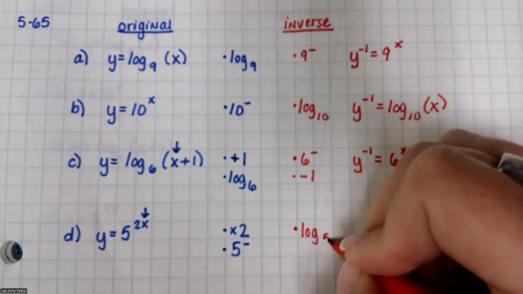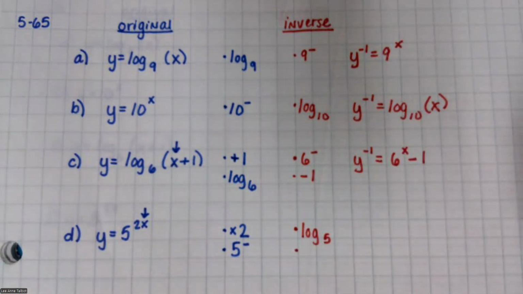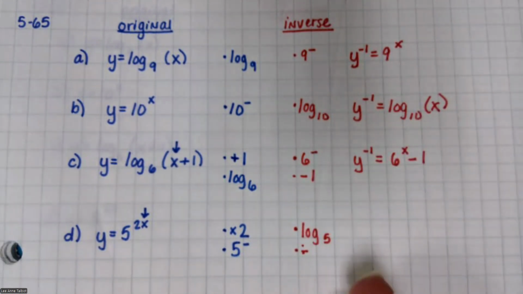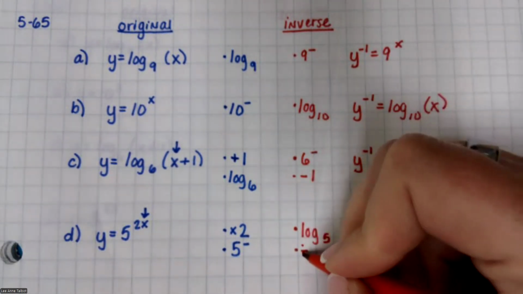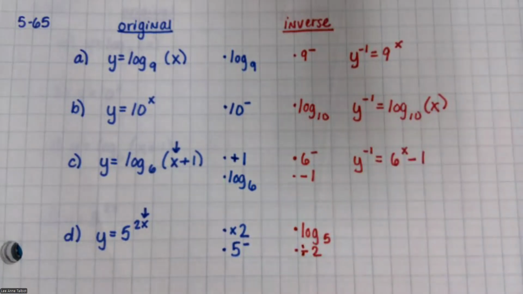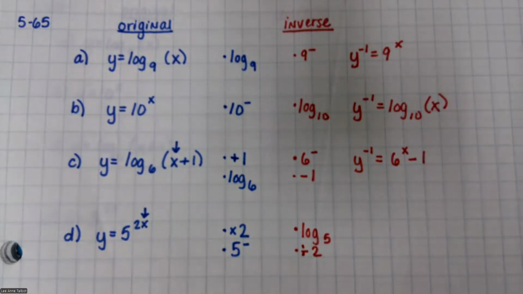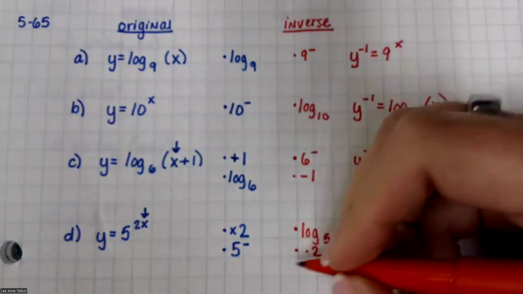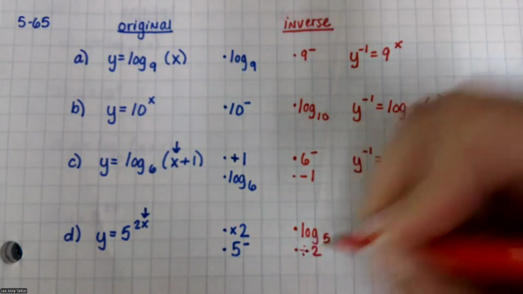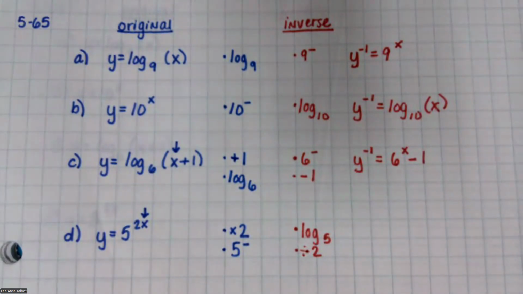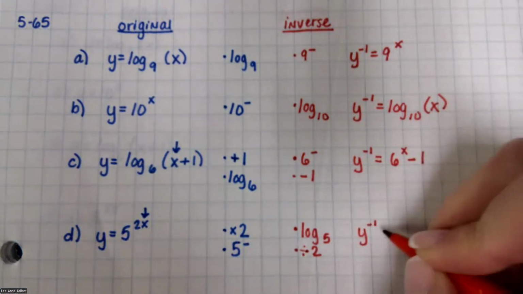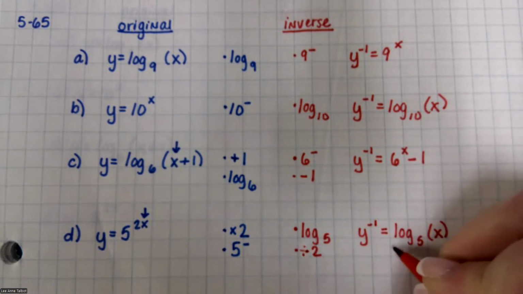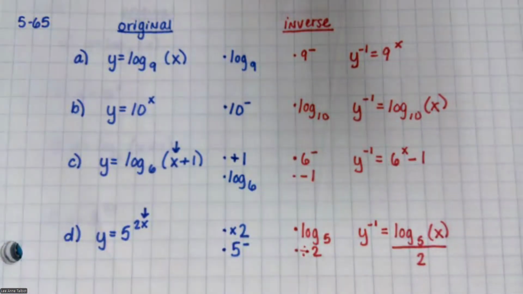Log base 5, and then divide by 2. Can I just leave it? Oh, I'm just knocking things over here. Divide by 2. Okay, y inverse equals log base 5 of x, divide by 2 on everything.